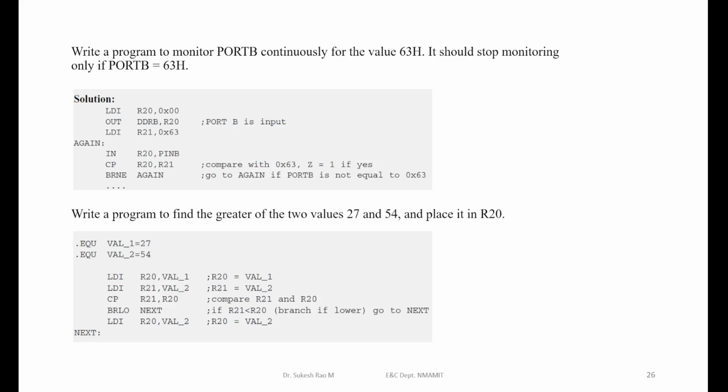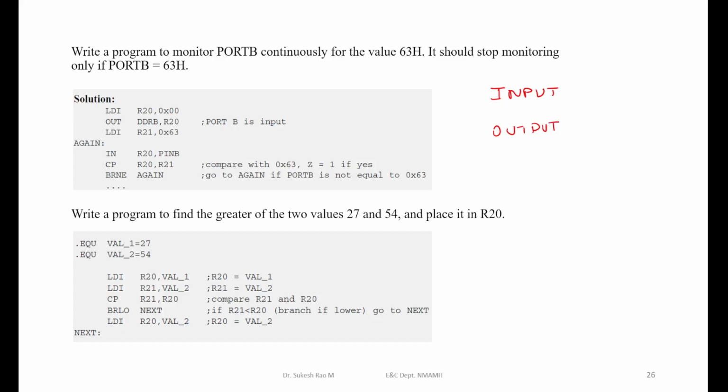So what is supposed to be done? First you're supposed to make port B as input. So I'm just giving you some insight about this here. Usually in an AVR controller, if you want to configure any of the ports as input or output, there are two things.